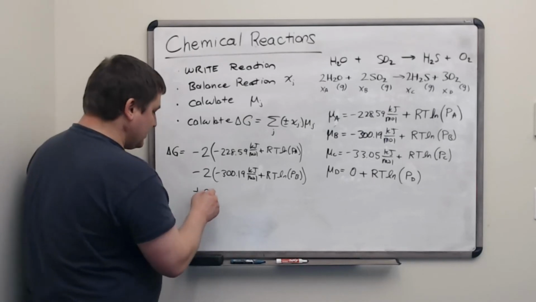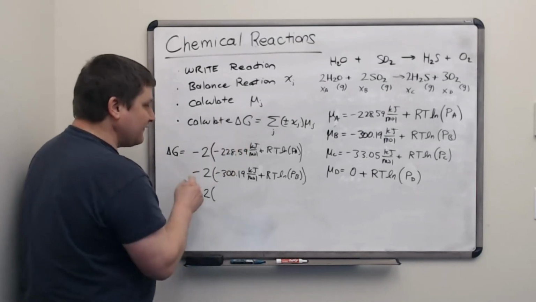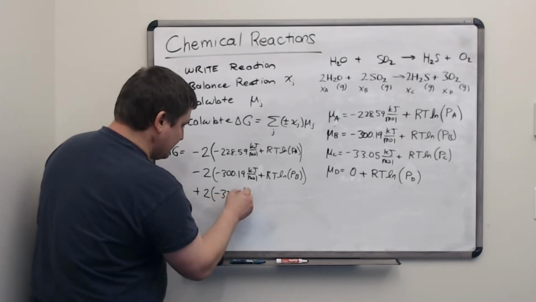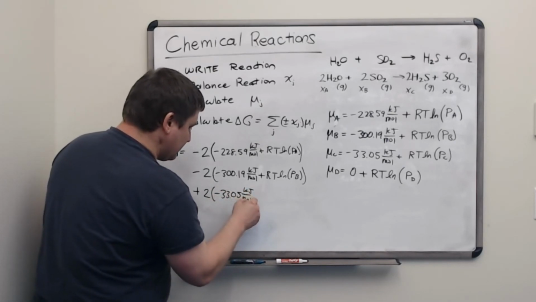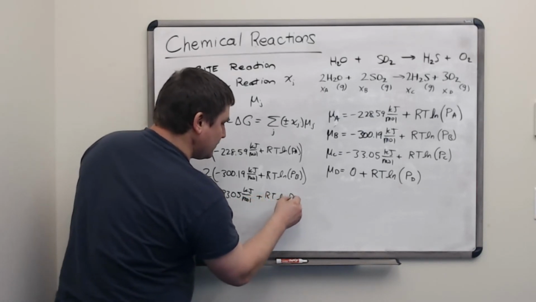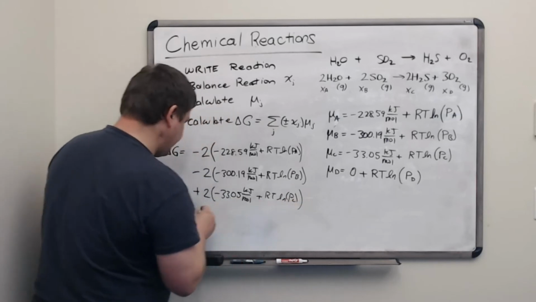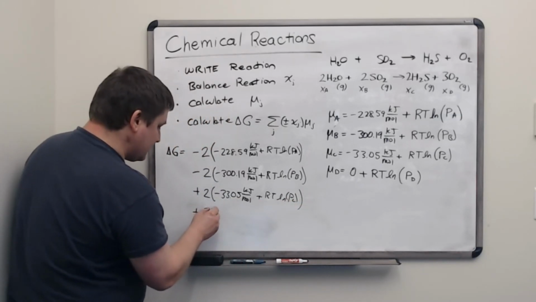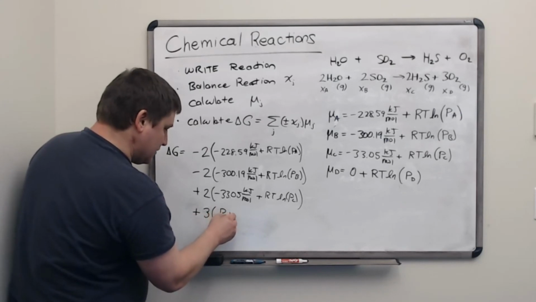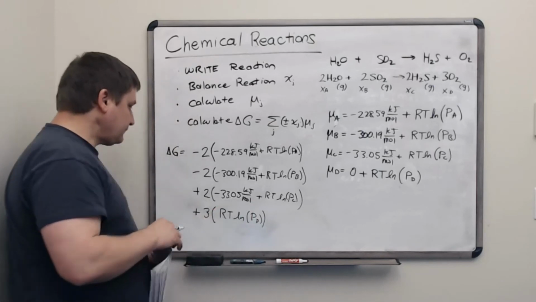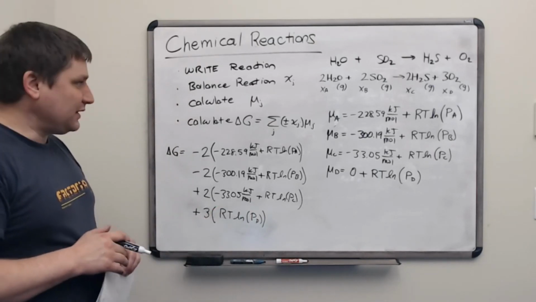It gets another factor of 2 there because that's its coefficient. And then we have the minus 33.05. And the RT. And then for oxygen, we have a plus 3 RT log PD. Okay, so that's our formula for delta G.